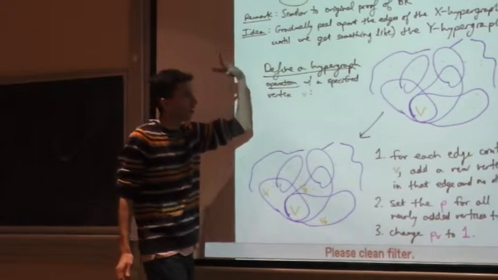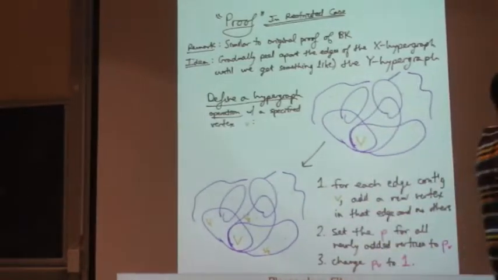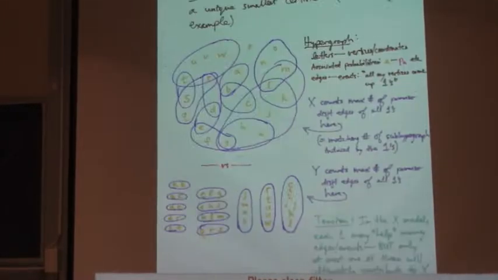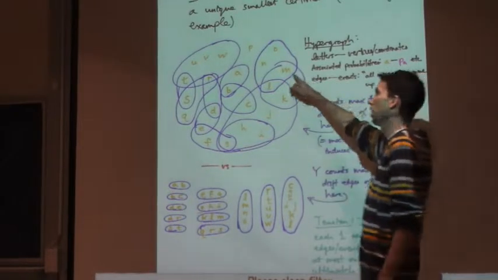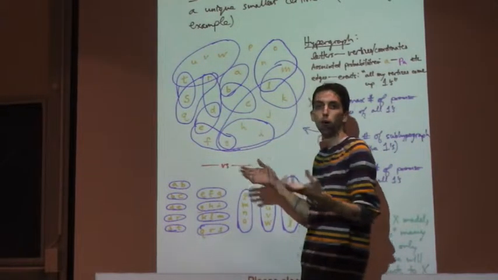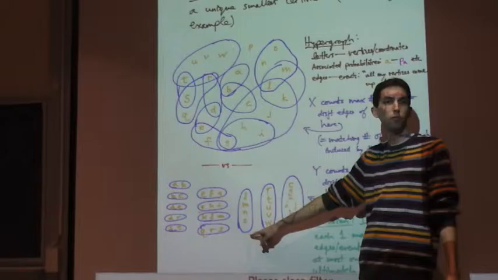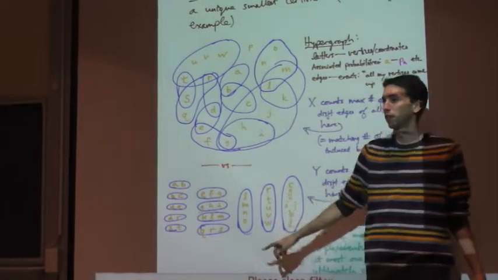And the idea, and you'll see this at the end after it happens, is that we're starting with this hypergraph, and we're going to try to gradually pull apart the edges until we get to something that looks like this hypergraph.